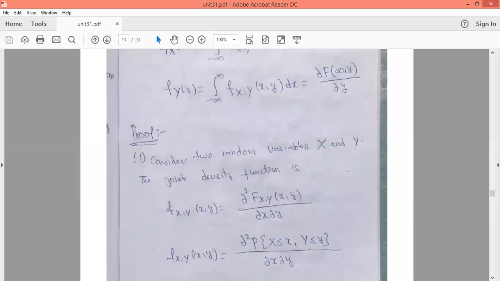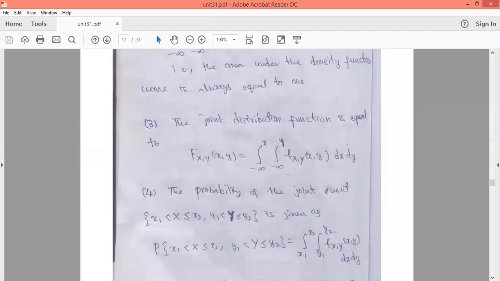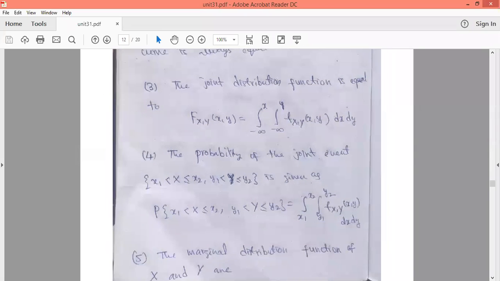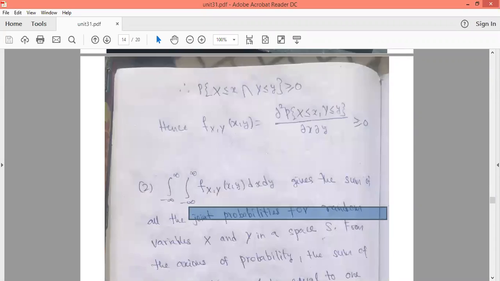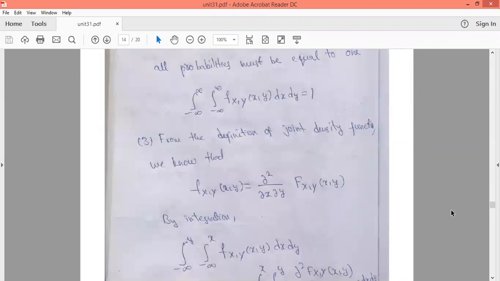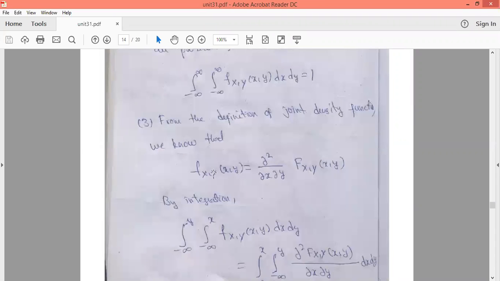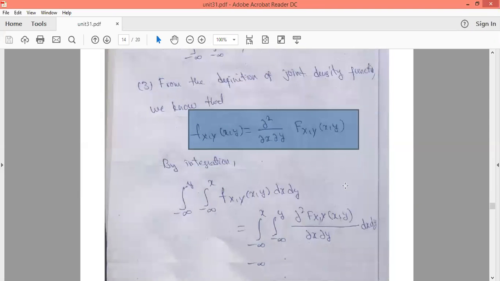The third property says that the joint distribution function and the density function are related by derivatives. The density function is the second derivative of the distribution function.